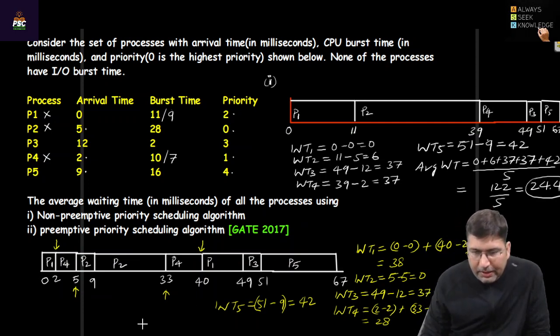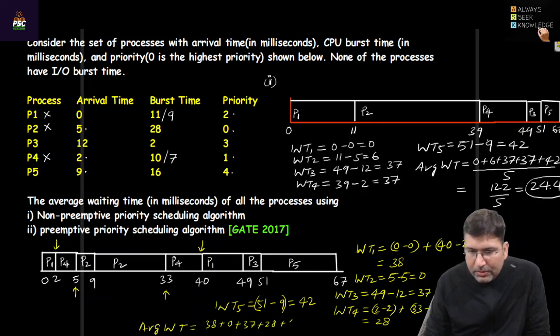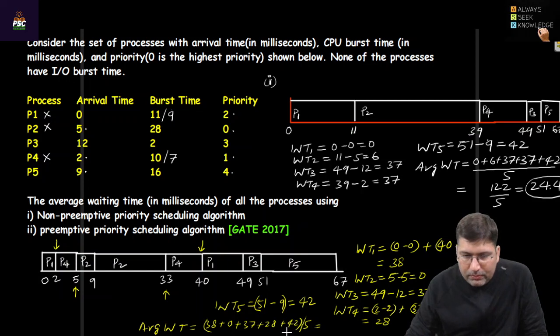So if we calculate the average waiting time, it will be 38 plus 0 plus 37 plus 28 plus 42, divided by 5, because there are 5 processes. So what value you will get, you can calculate it.